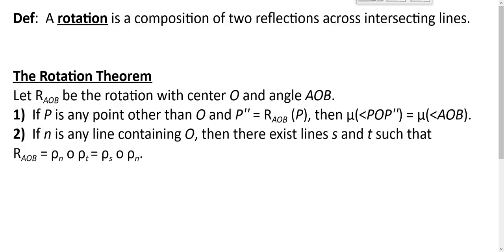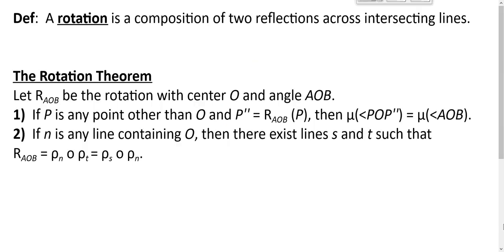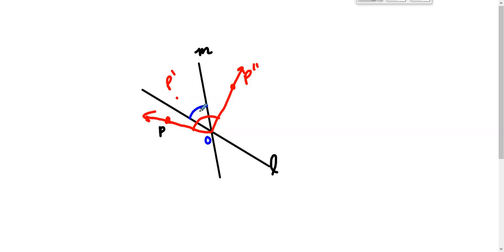In this case, there's the point where the lines L and M intersect. Angle P O P double prime is the angle of rotation, and the angle of rotation is twice as big as the acute angle between the lines.